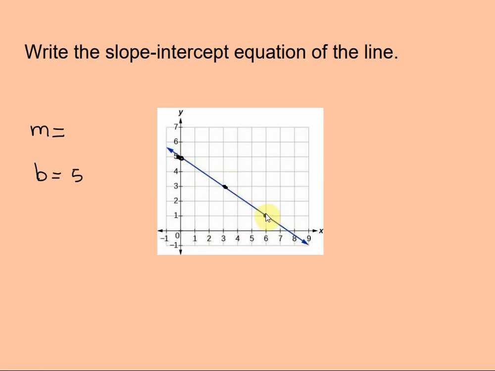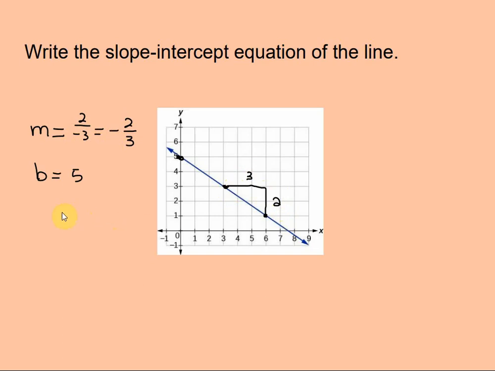If I do rise over run and I stay on the lines and don't go across the ditches, stay on the roads, to go from one point to the other, I rose a positive 2 and I ran a negative 3. So my slope rose positive 2, ran negative 3. That would be the same thing as a negative 2 over 3.